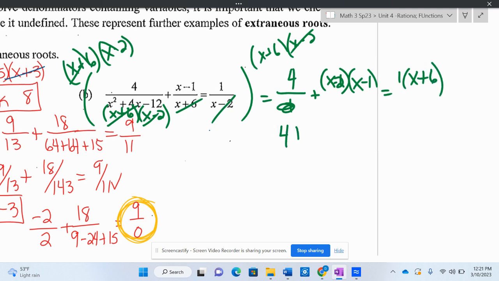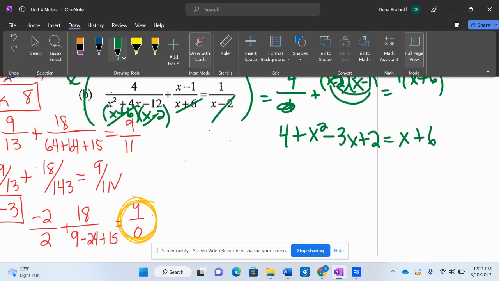So that gives me 4 plus x times x is x squared. -2x, -1x is -3x. -2 times -1 is a +2 equals x plus 6. Combine like terms. 4 and 2 is what? 6.